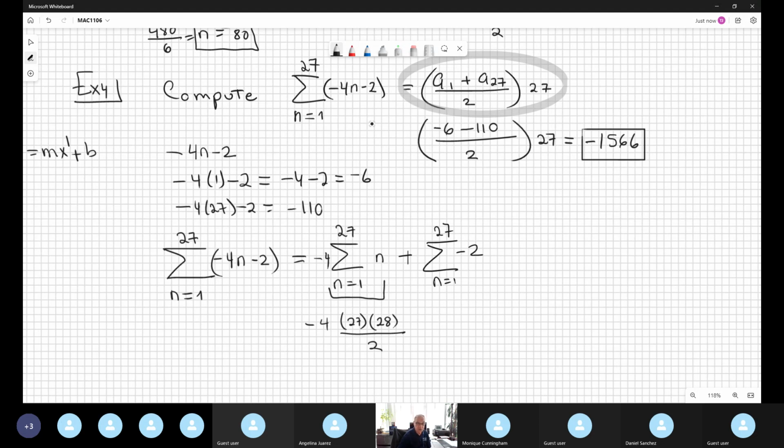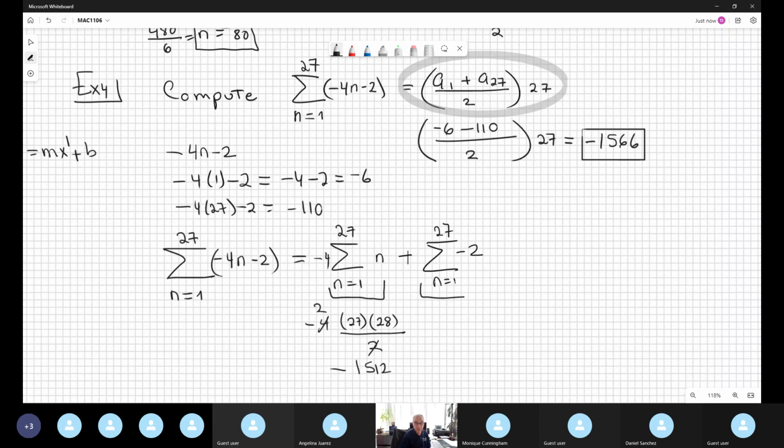Actually, we can simplify these two, and this is -2. So it's -2 times 27 times 28, negative of course. Don't forget the negative. Negative 1,512.